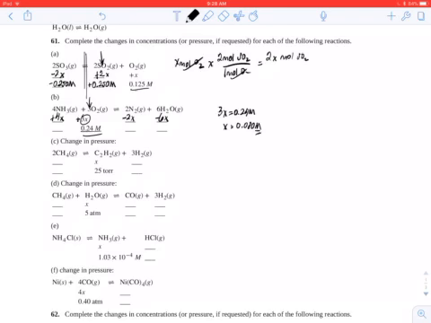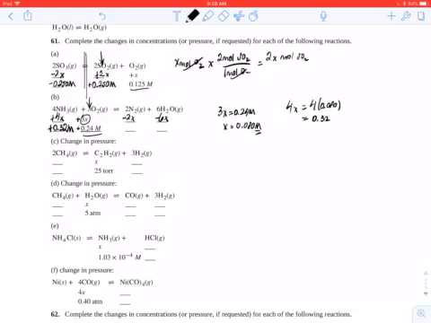Now, we could go ahead and just use those same coefficients. Under ammonia, it's 4x, so 4 times that is going to be plus 0.32 molar. I'll work that out over here in case you're a little bit confused about where that came from. 4x is equal to 4 times 0.080, which is 0.32.